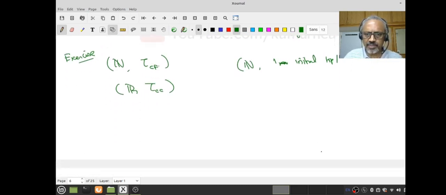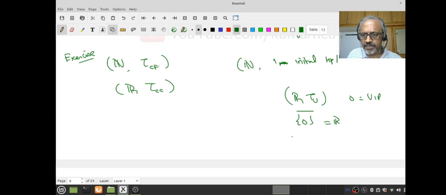I don't remember what I called it, but whatever it is. So are you happy? Yes or no? For example, R with the VAP topology, 0 as the VAP. We have shown that if I take 0, then its closure is all of R. And if I take any A non-zero, then this is already a closed set. Therefore, the closure is itself, and so on. And discrete, indiscrete, everywhere you have seen all those things.